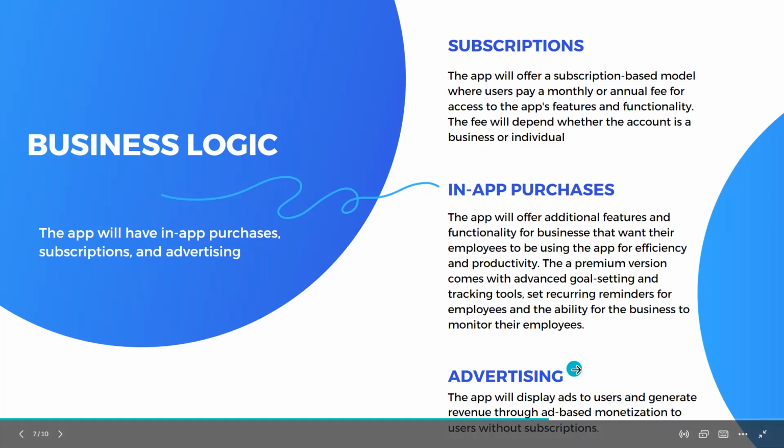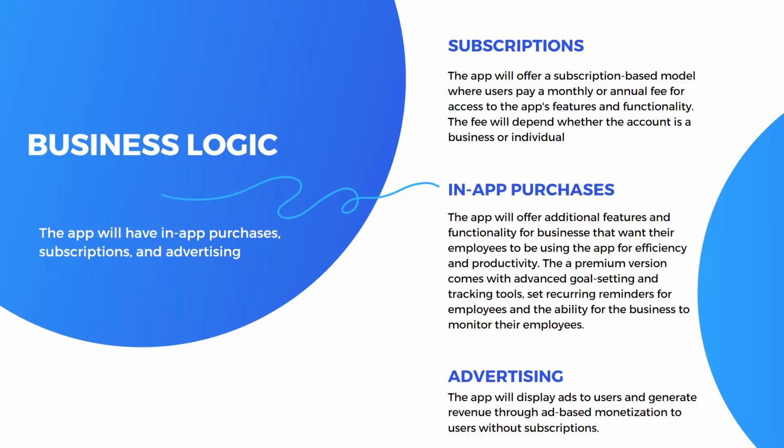Another business model that a lot of apps and websites use is advertising. So they gather data on users of the platform and sell their data to marketing companies for money.